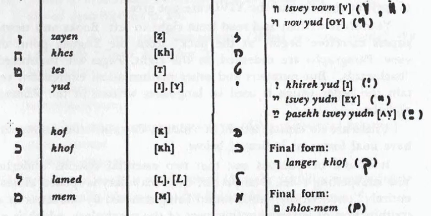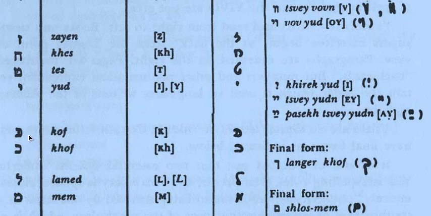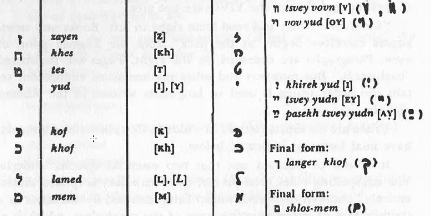The next two letters are Kough and Chof, and they're the same except Kough has a dot in the middle, and Chof doesn't. Kough with a dot in the middle makes a sound K, and Chof makes a sound Ch.